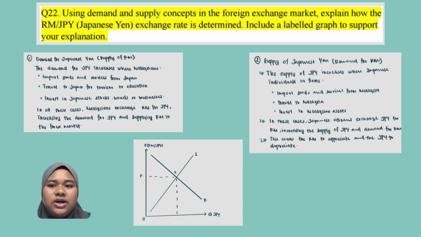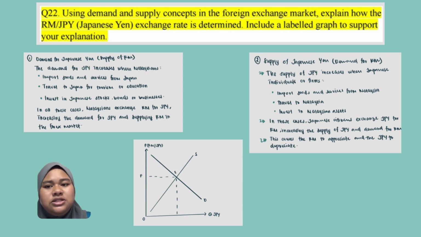The second one is when the supply of Japanese yen increases and the demand for RM increases. The supply of Japanese yen will increase when Japanese individuals or firms import goods and services from Malaysia, travel to Malaysia, study in Malaysia, or invest in Malaysia's assets.